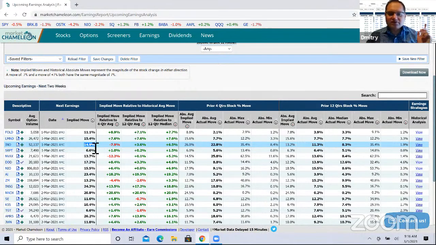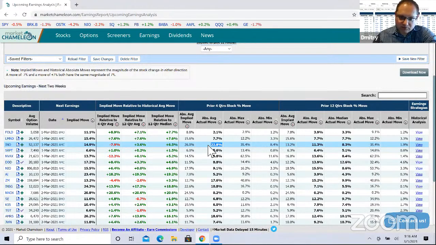The straddle right now is implying a move of 14.9% in either direction, up or down. So when you're buying a call and buying a put, you're looking at the magnitude of the move, up or down. That compares to historically, on average, INO's move in the last 4 quarters of 22.8% in either direction.